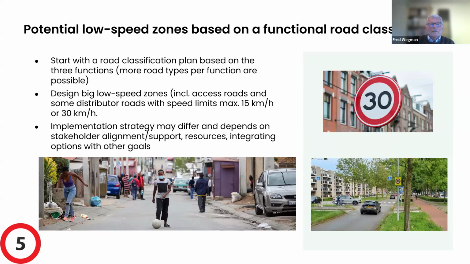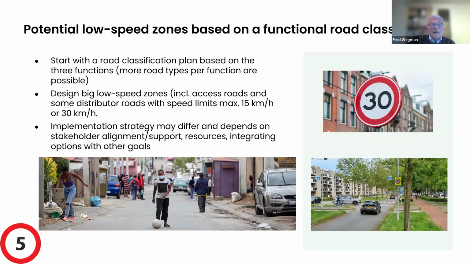If you talk about low speed zones and you use this idea of functional road classification, then take a map of the city and make this plan, in which you identify the functions of all the roads and streets. And we did that in my country, and almost 100%, I think one or two not, but almost 100% of municipalities made a plan like this as a basis for their investments in speed limits and infrastructure.